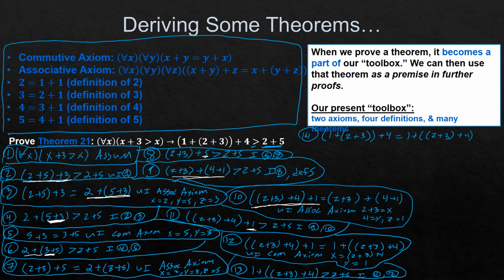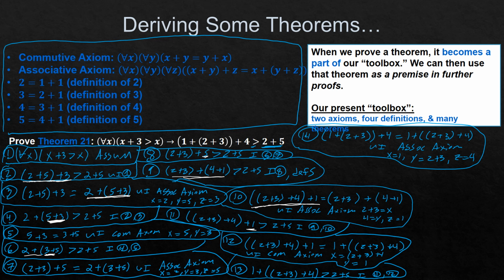So this is just the universal instantiation of the associative axiom, and x is equal to 1, y is equal to 2 plus 3, and z is equal to 4. We're still in quarantine because we're doing this based on an assumption.